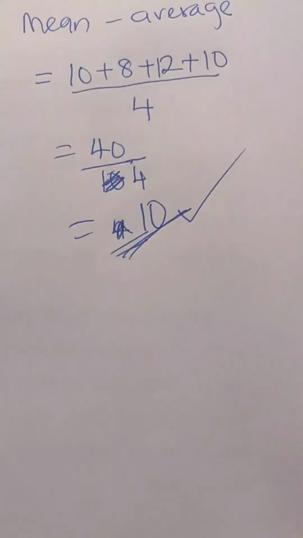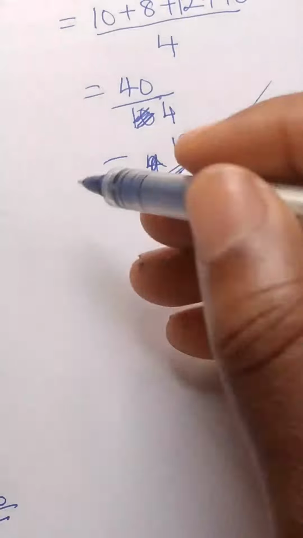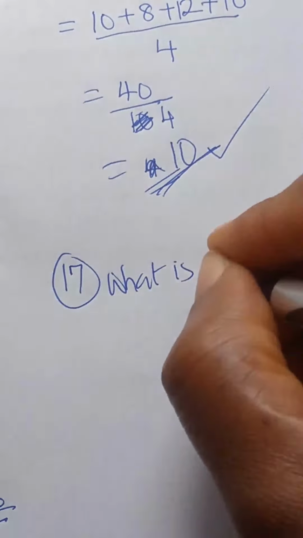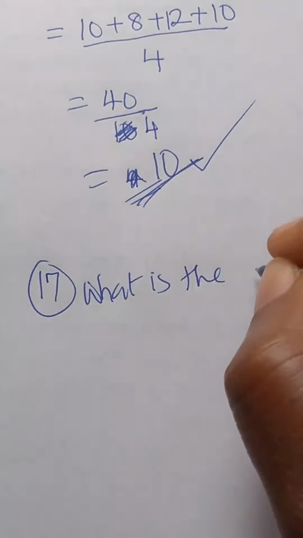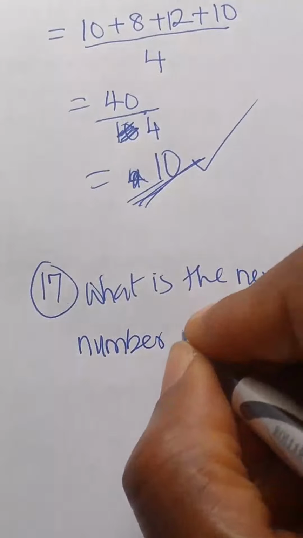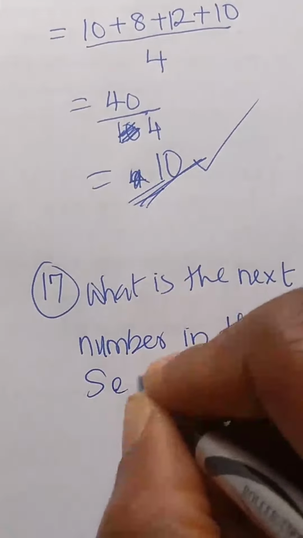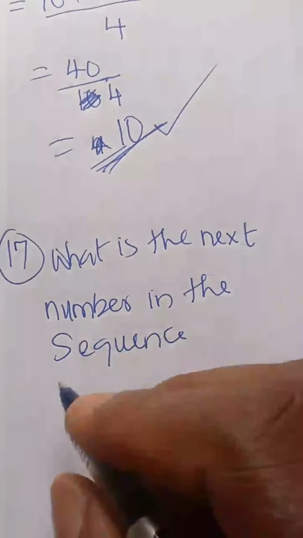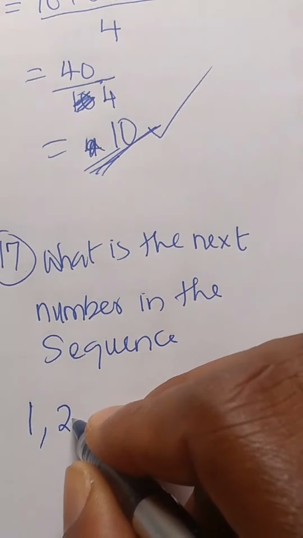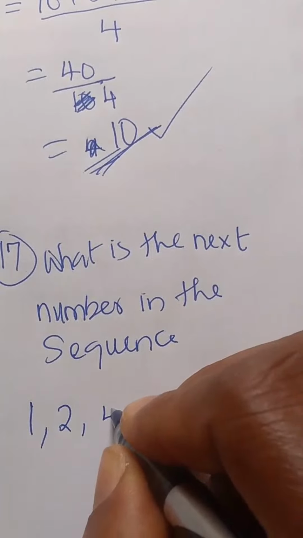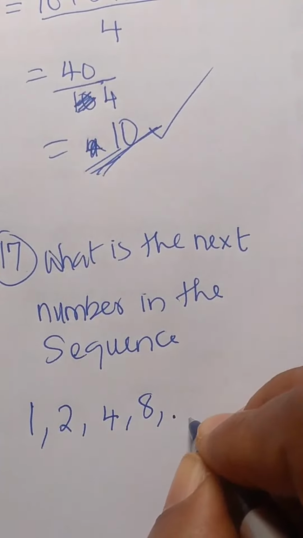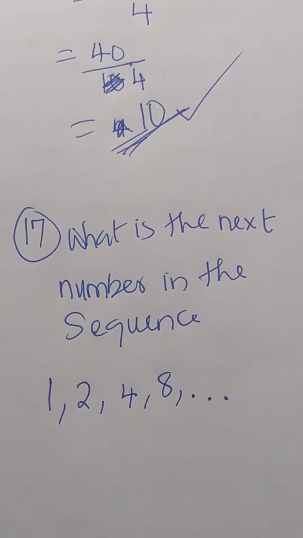So I'm going to give you another simple question, but this one has to do with somehow reasoning. The question is number 17. What is the next number in the sequence? We have 1, 2, 4, 8.